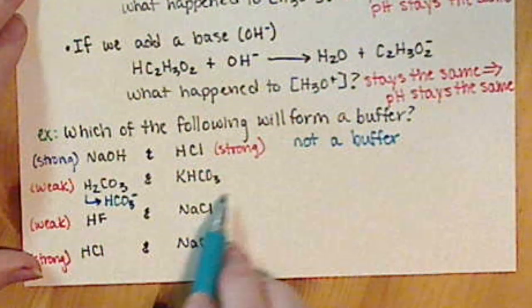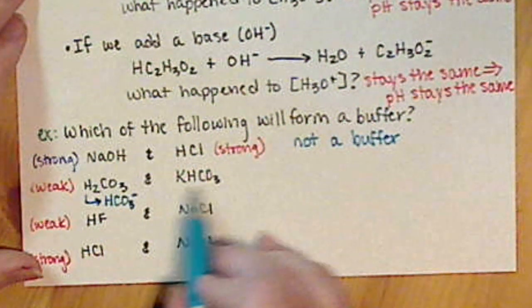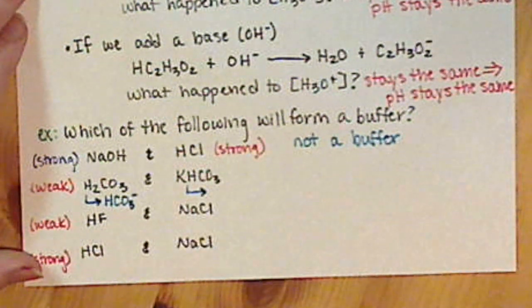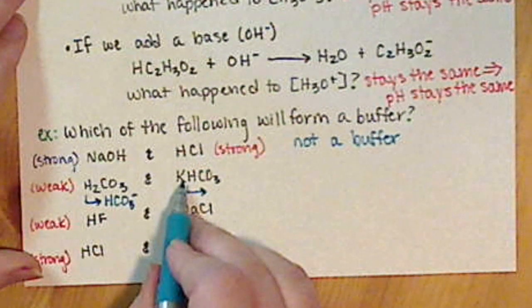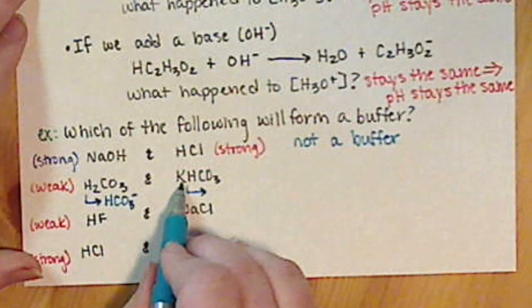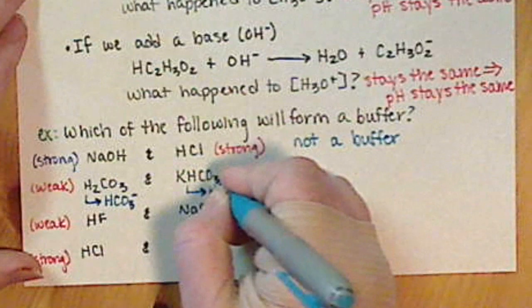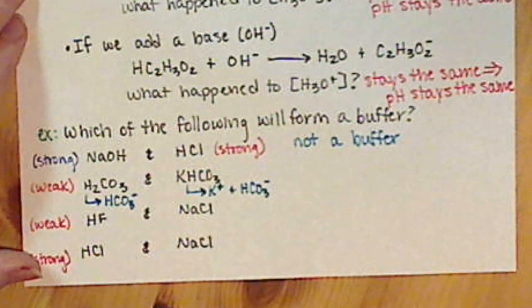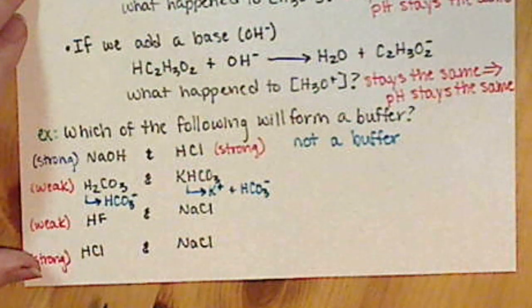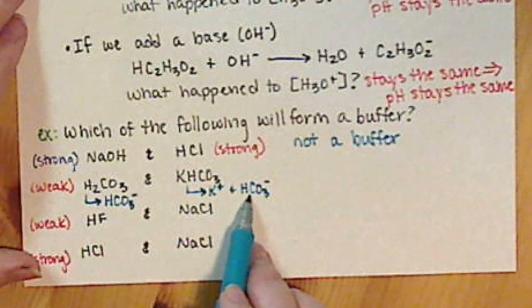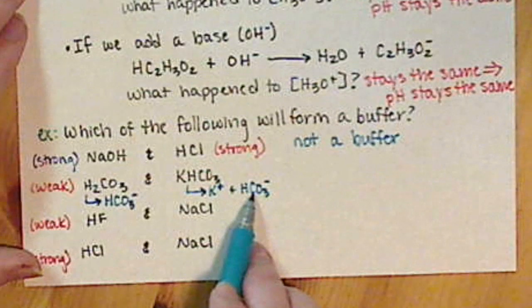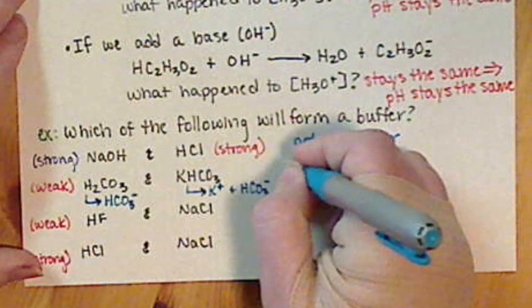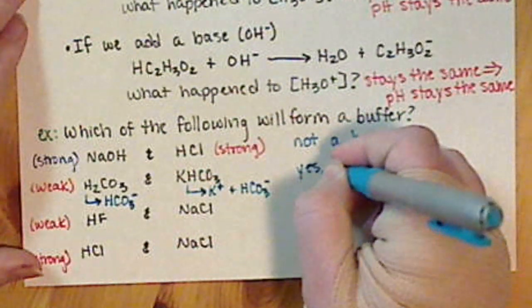We have to look at this here to see if that is the salt of our conjugate base. So this would break apart into K+ and HCO3-, looking at your solubility rules for that. So we do have, in fact, our conjugate base from our second component. So this is, yes, a buffer.